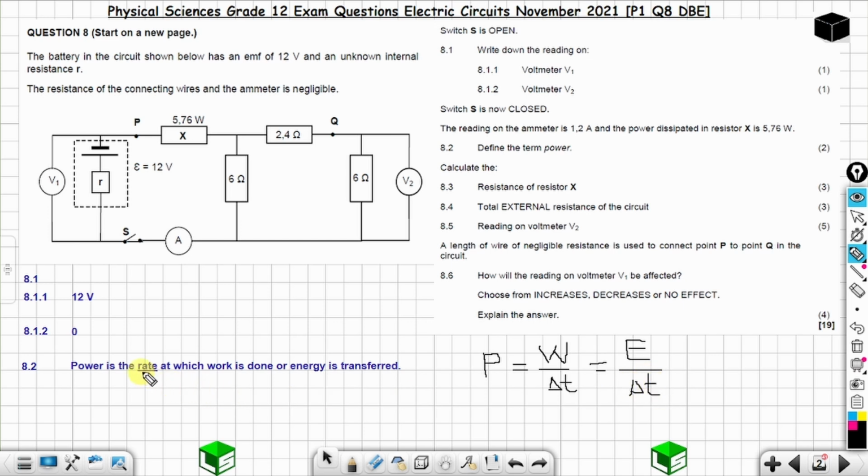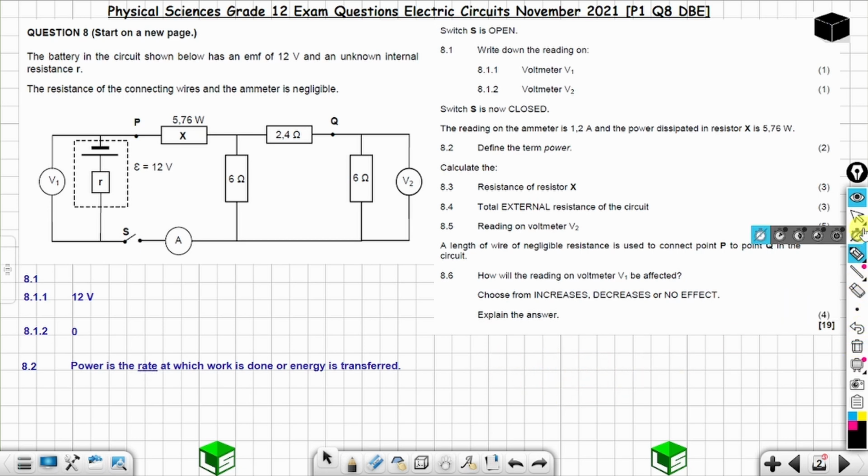Whenever you have the word rate, you have to understand it is division by time. So this is the definition of power, and the definition matches with the formula.